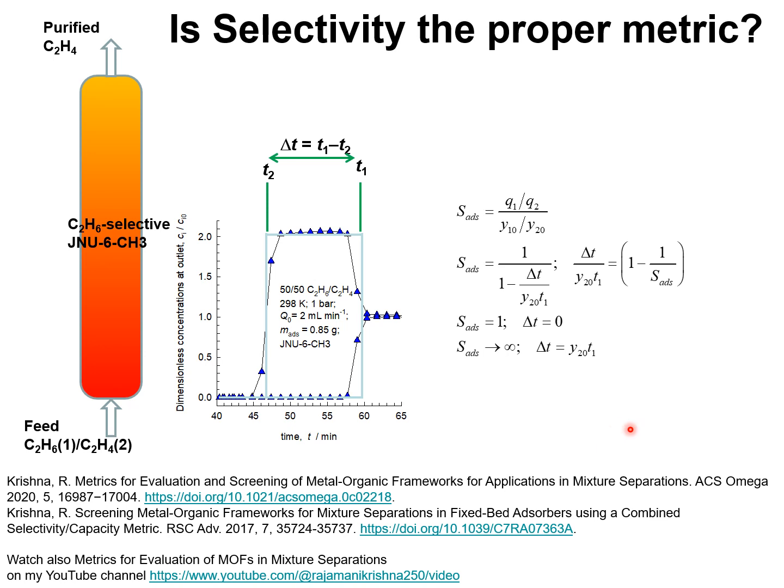In other words, the selectivity is just a reflection of the breakthrough time interval delta T to the breakthrough time for C2H6.